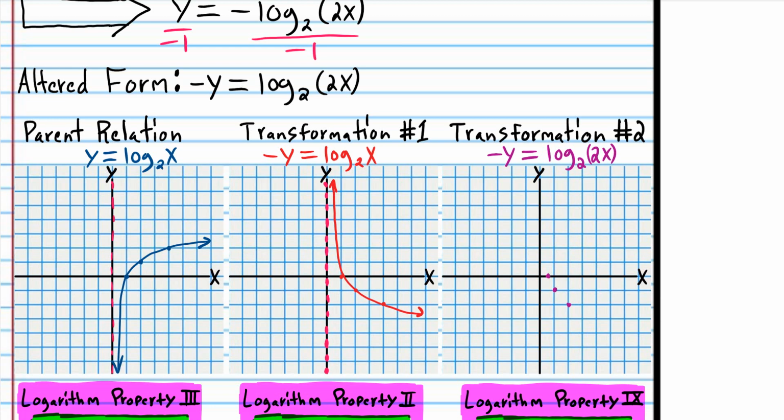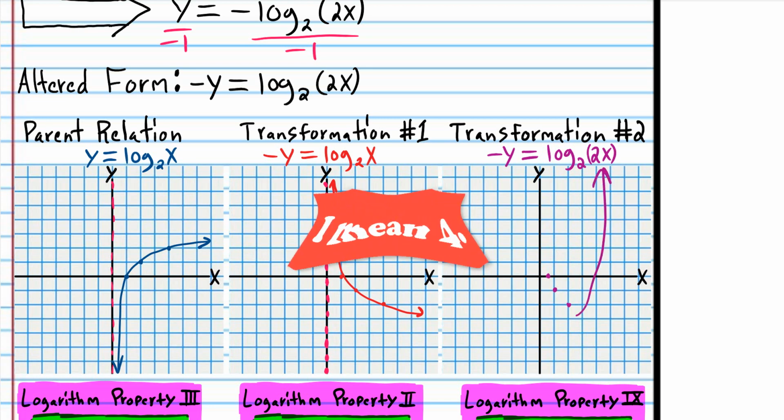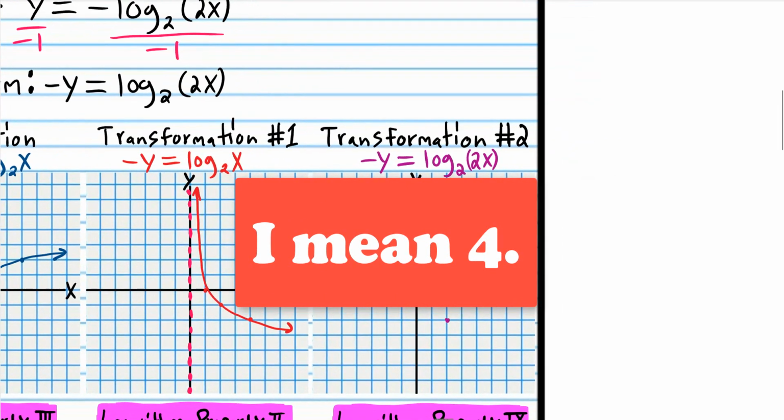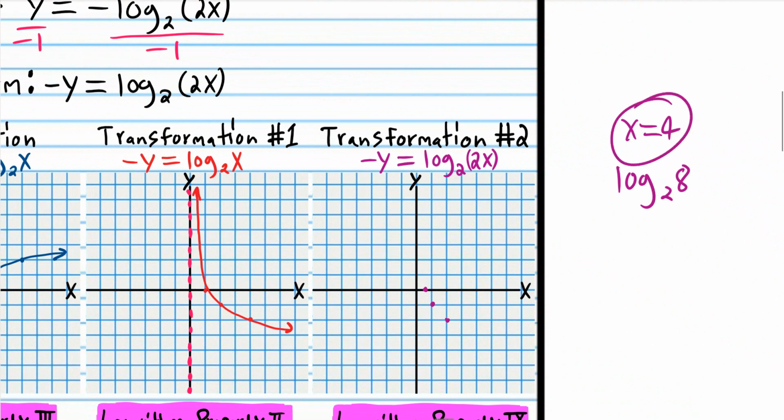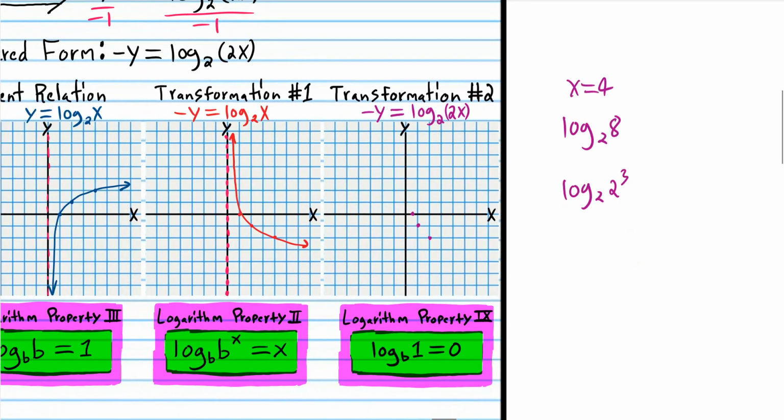And now let's see if we can plug in an x value here that will give us a power of 2. I think we can plug in 3. If we plug in 3 for x, we get 8. Then you have log base 2 of 8. I'm writing x equals 4, so if x equals 4, we get log base 2 of 8. And 8 is the same thing as 2 to the third power. Now using logarithm property 2, we know that the value of that logarithm is just whatever that exponent is.